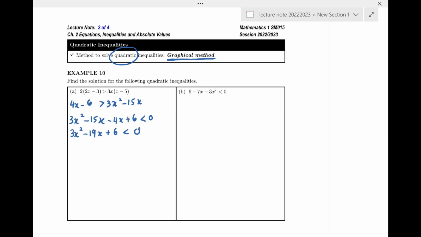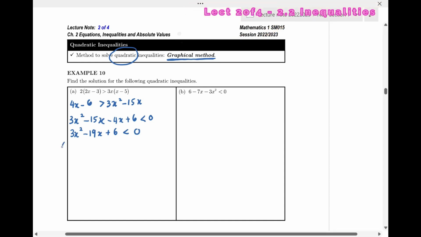Now we have the positive quadratic expression on the left side. So what we do next is we factorize the quadratic expression. So we have 3x minus 1 and x minus 6, less than 0.